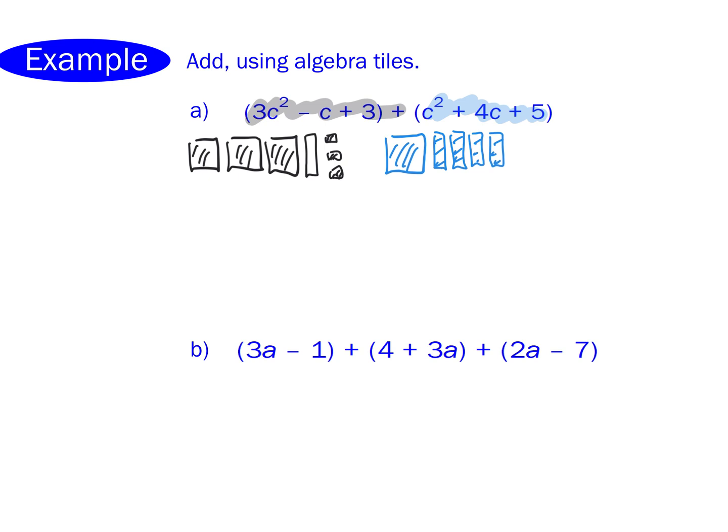And how do we draw in plus 5? 5 shaded units. So there we go. So we draw out each of those polynomials.